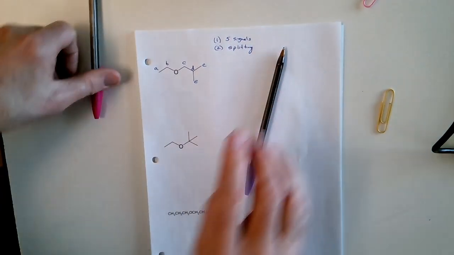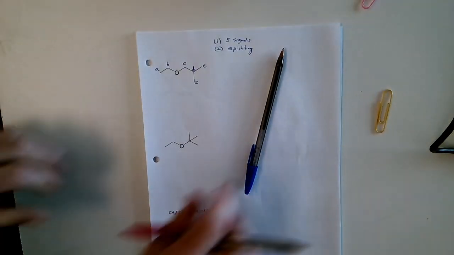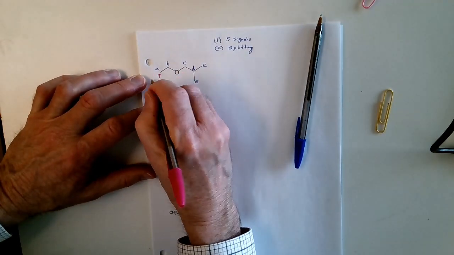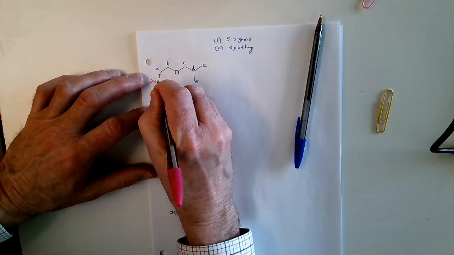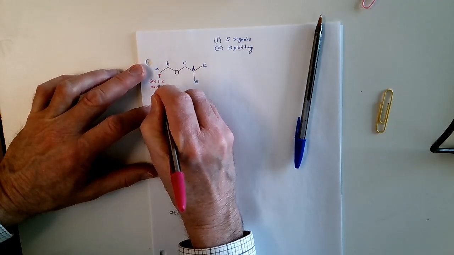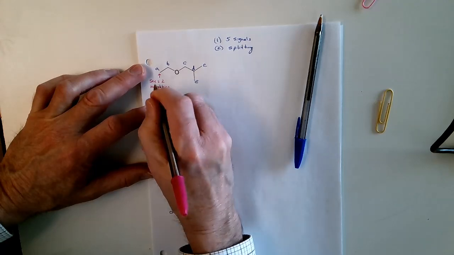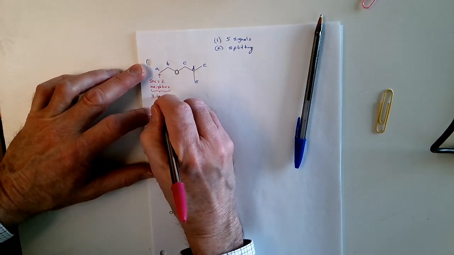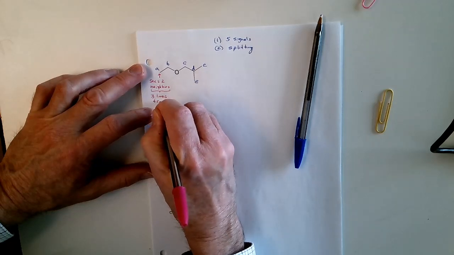So let's just do that right on the molecule itself. This one right here, I'm going to go back to an expanded version of this, sees 2 neighbors. So that means you expect to see 3 lines. It's a triplet.